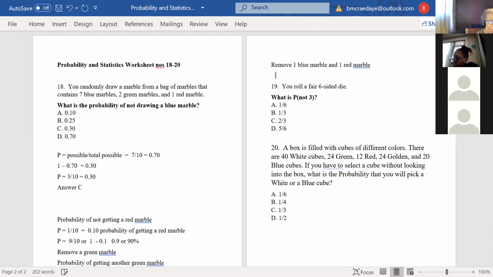Now, my question is, what is the probability of getting another red marble?